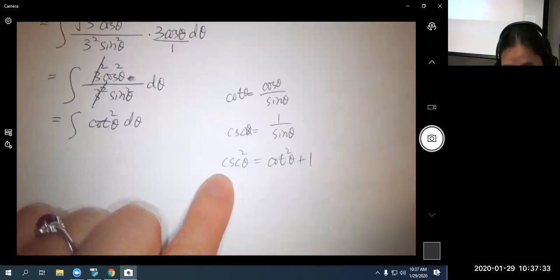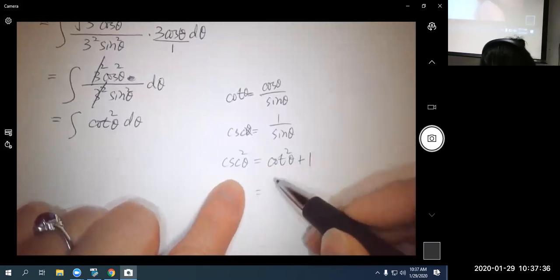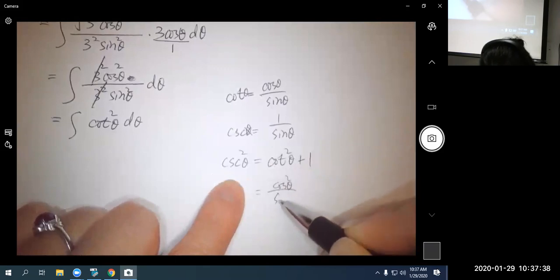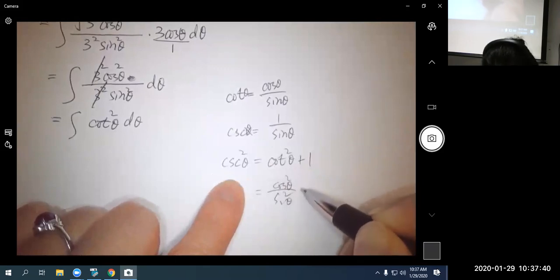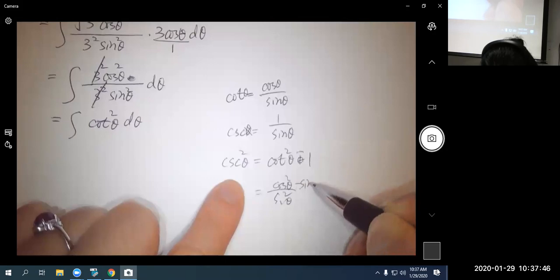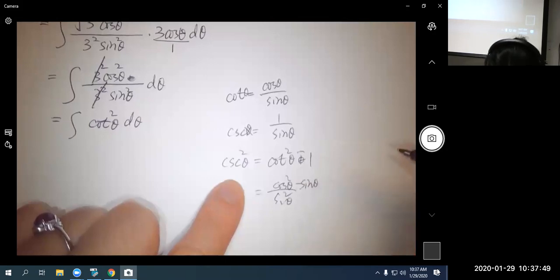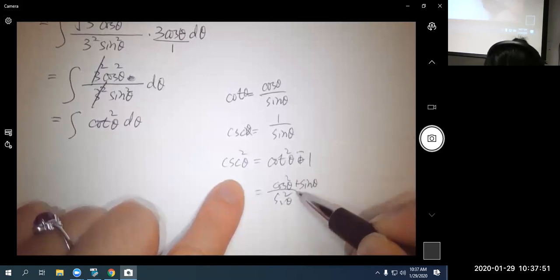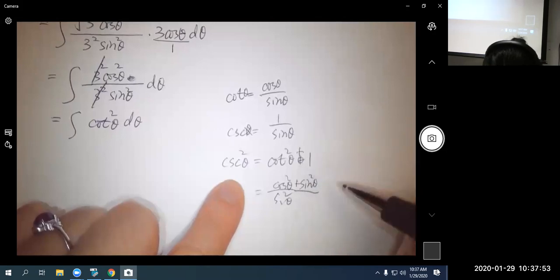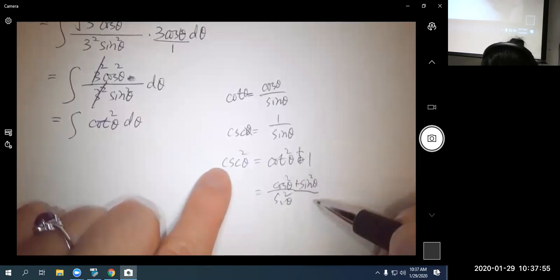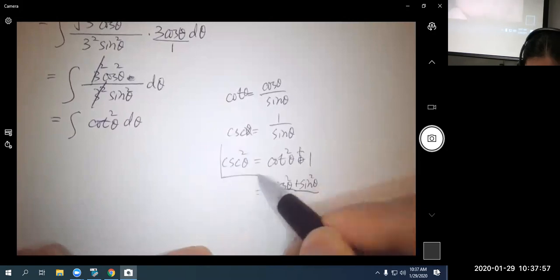Very likely this is minus 1, right? Because this is cosine squared theta over sin squared theta. Oh, okay. Minus 1 is better. Minus sin squared theta. Oh, plus 1. Let's do plus 1. Yeah, plus 1. There we go. We need this identity, okay?